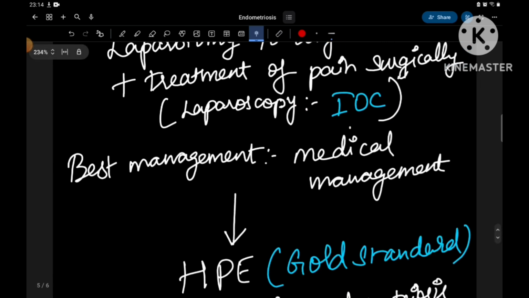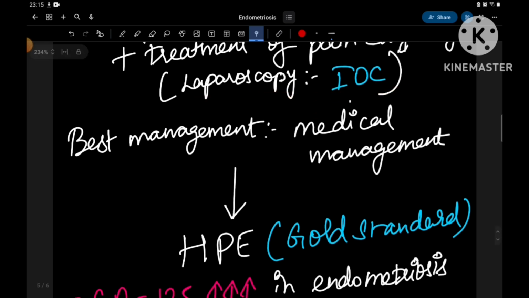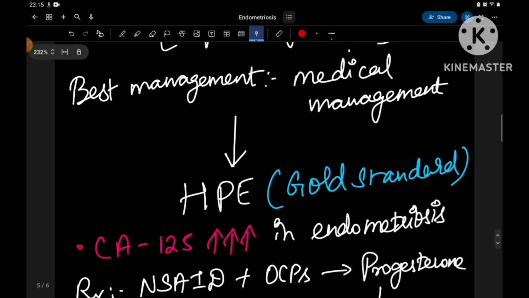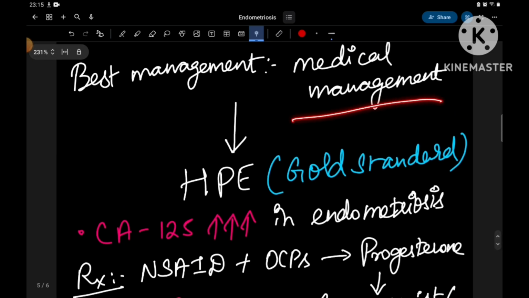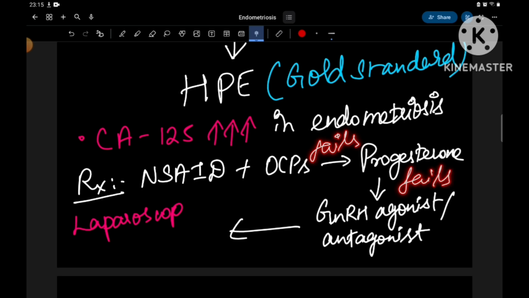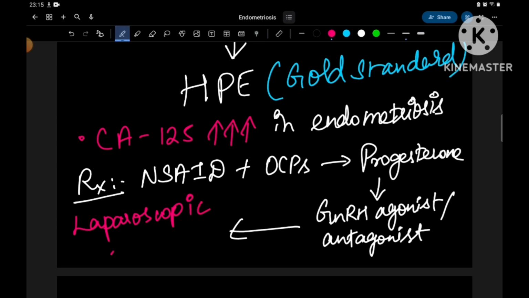Laparoscopy is the investigation of choice, whereas the gold standard is histopathological examination. You know that CA125 levels will be increased in endometriosis. For medical management, we give NSAID plus OCPs. If it fails, we give progesterone. If it fails, we give GnRH agonist. If it fails, we do laparoscopic surgery.